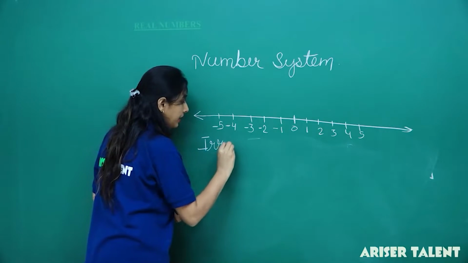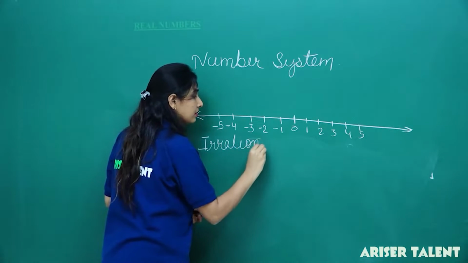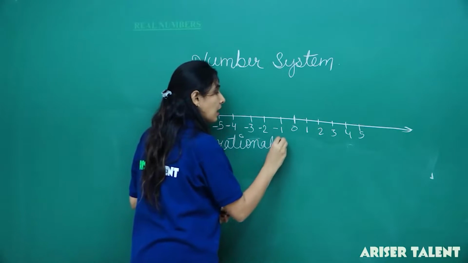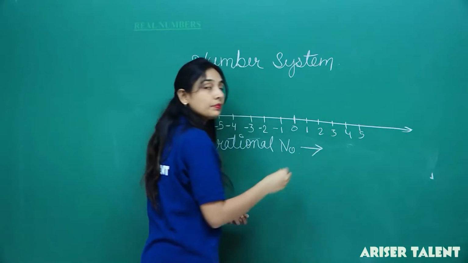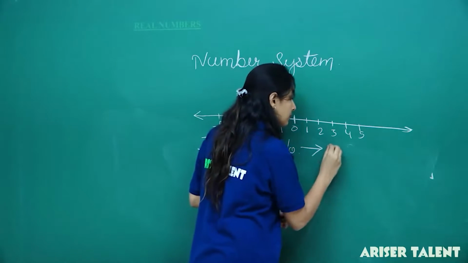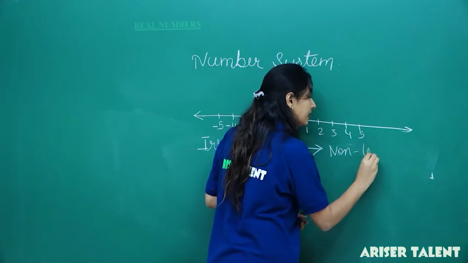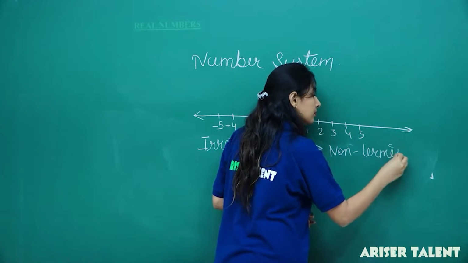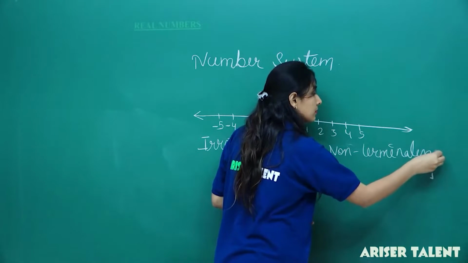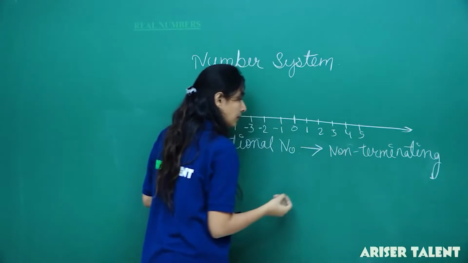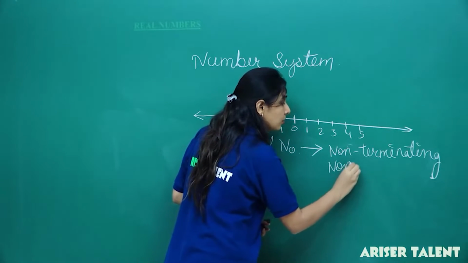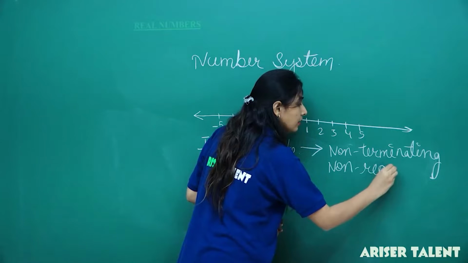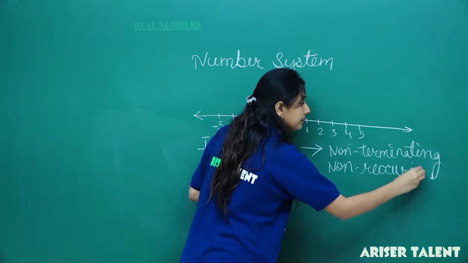So, irrational numbers are the numbers which are non-terminating and non-reoccurring.